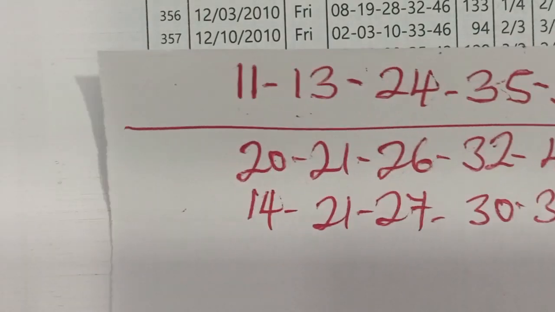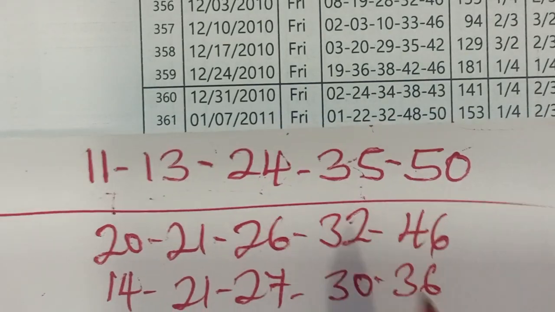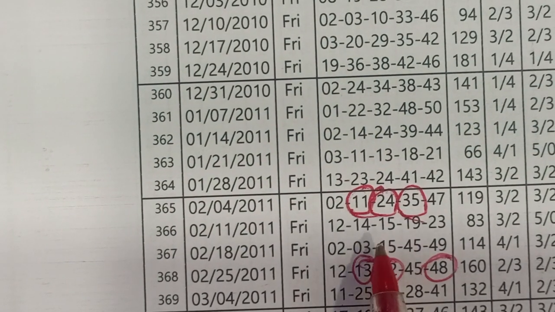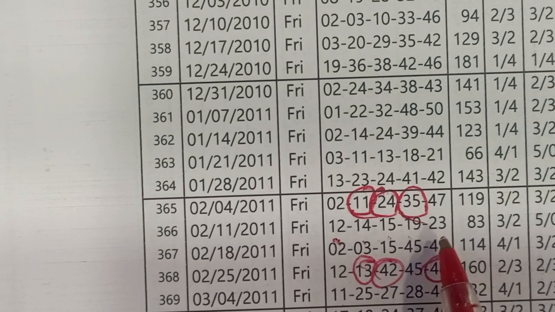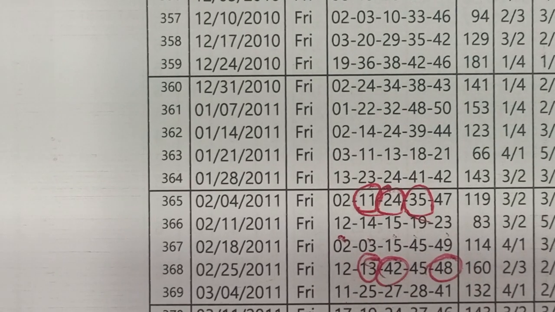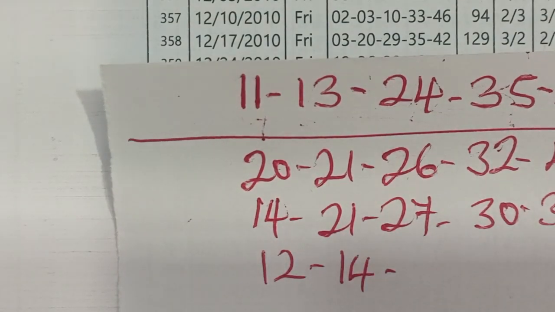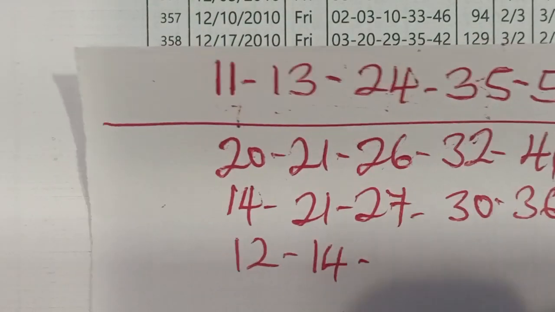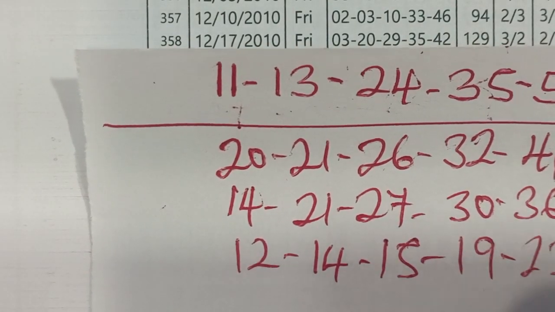So the current result is 11, 24, 35. It was selected. Therefore, the numbers under it are 12, 14, 15, 19, 23. Let's copy those numbers: 12, 14, 15, 19, and 23.